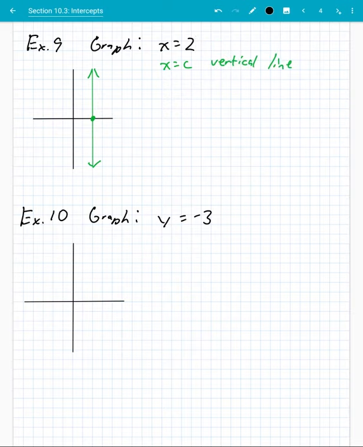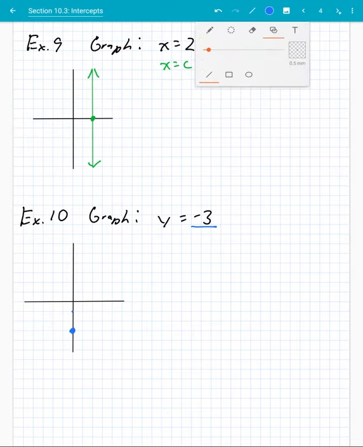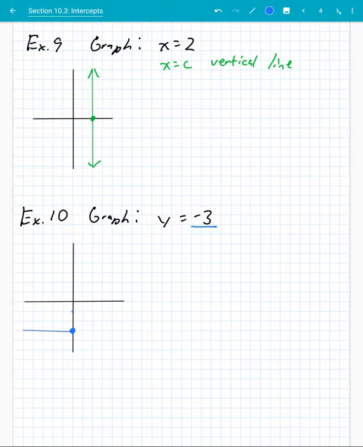And I'll just use blue. So you're going to go to y equals negative 3. 1, 2, 3. And then you're going to draw a horizontal line right there. And you're done. That's all there is to it. So for graphing horizontal and vertical lines, you just got to remember that little trick. Easiest lines to draw. And there you have it.